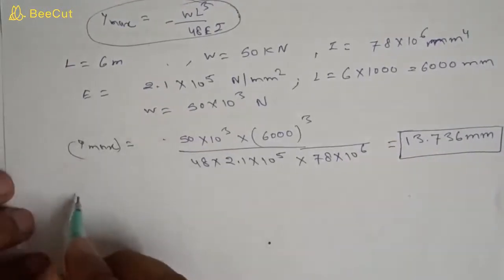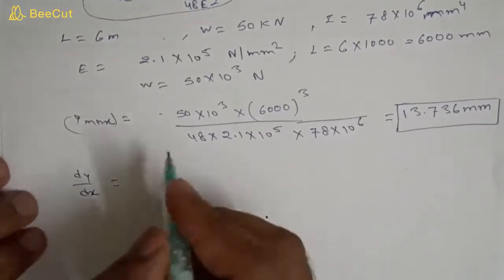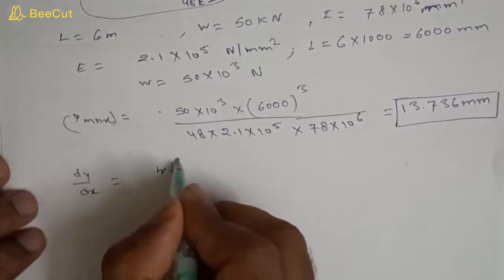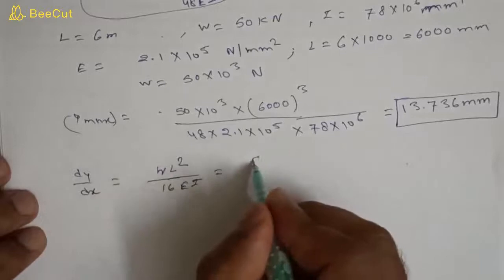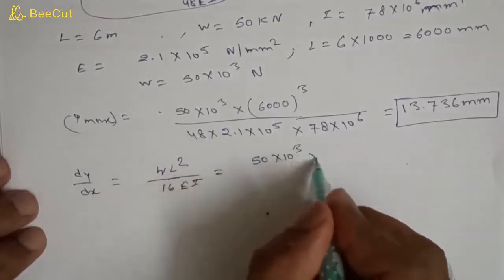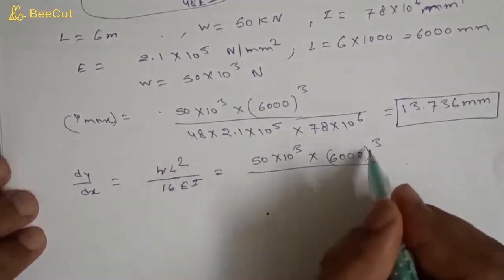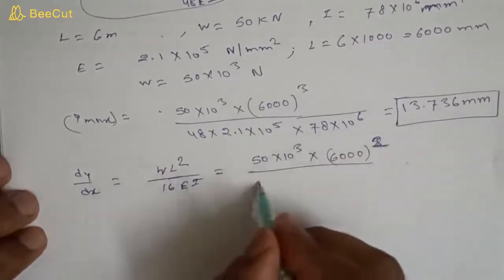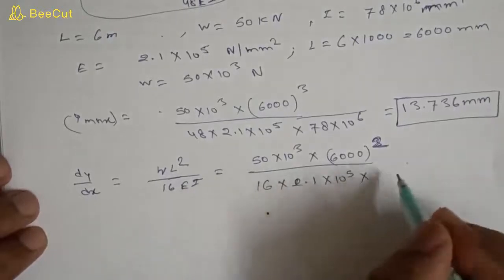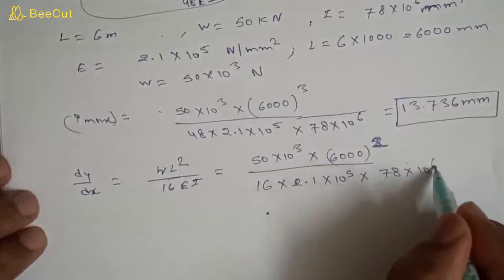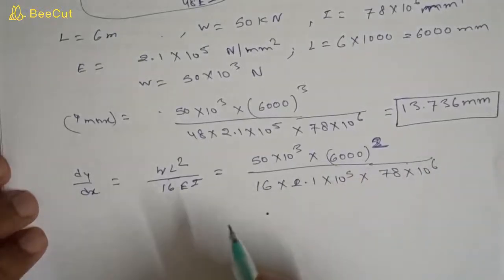Now we will calculate the slope. dy/dx is equal to WL² upon 16EI. So we'll put the values: 50 x 10^3 into L is 6000 squared divided by 16 into E into I. After putting all the values, we will get the value of the slope.